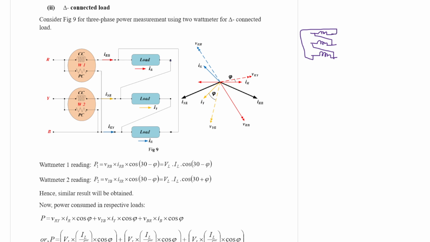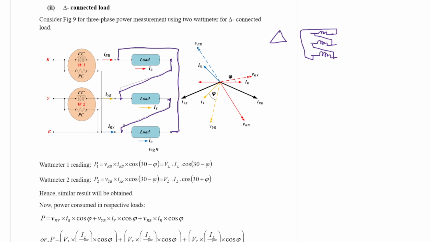This node is connected to this node, again this node is connected to this node, and lastly this node is connected. So it becomes a delta network. It's like this structure.